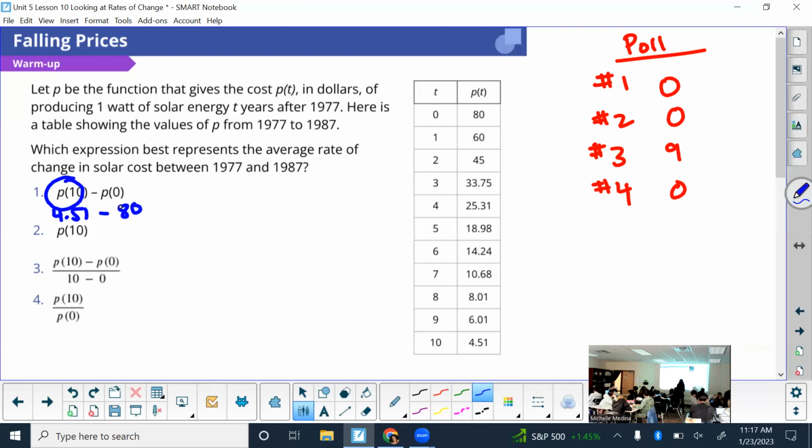Does that look like an average rate of change? What's missing from it? We do subtract in an average rate of change, don't we? What is the formula for average rate of change?